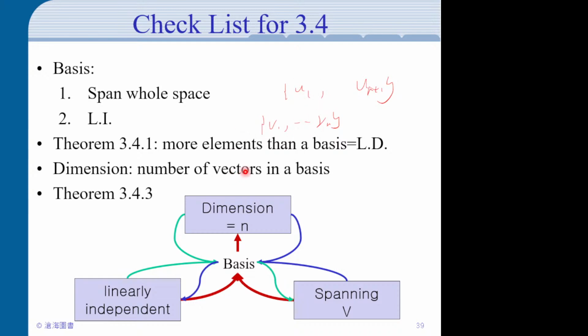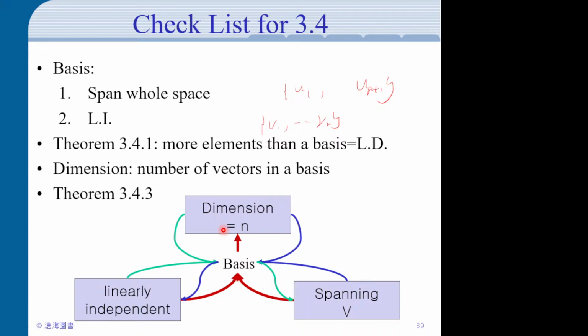And then we have the theorem that gives you three different characterizations of basis. If vectors span the whole space and are linearly independent, it is a basis. Also, if you know the dimension of the space is n, then either you find n vectors that are all linearly independent, they must be a basis, or you find n vectors that span the whole space, then they must be a basis.